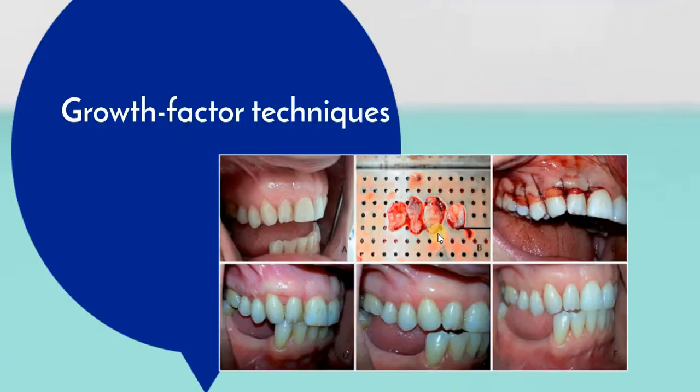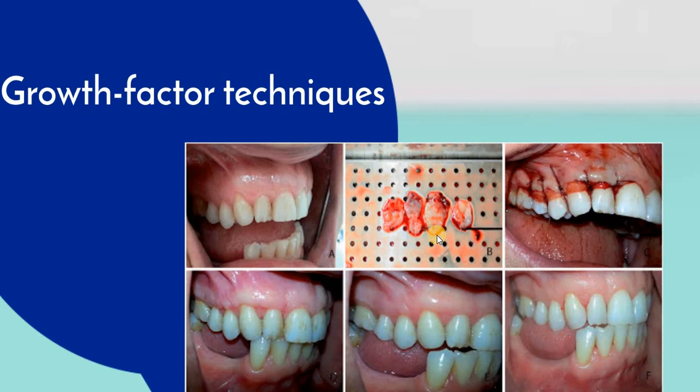The more advanced one uses a growth factor technique. We take the blood from the patient and create PRF, or platelet-rich fibrin, and graft it to the site of recession.